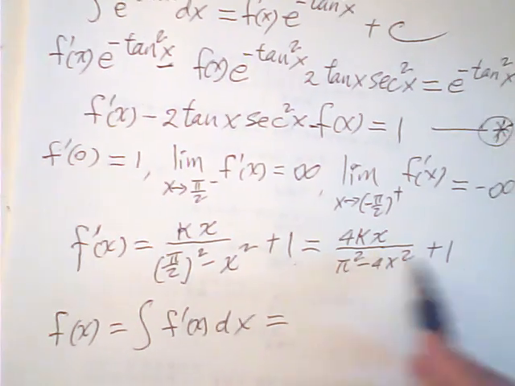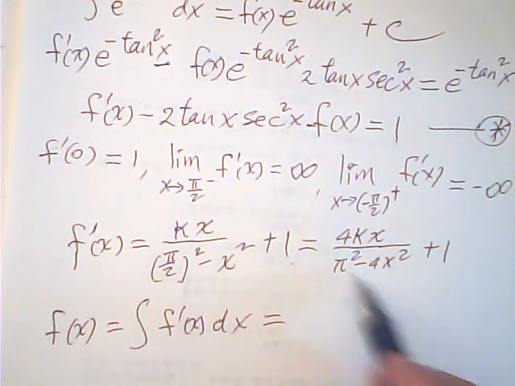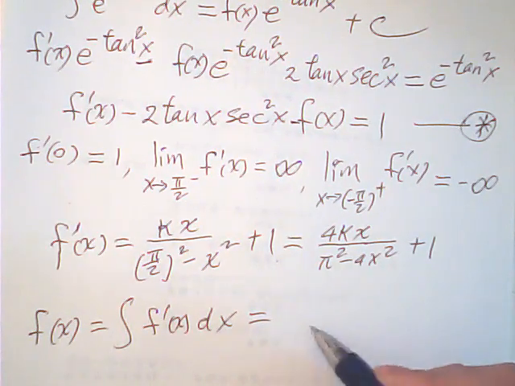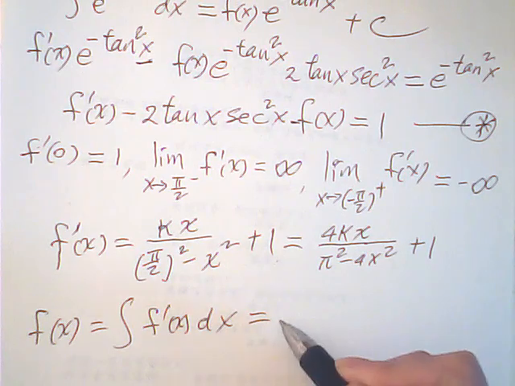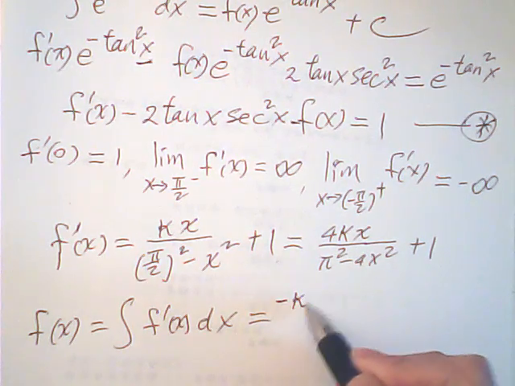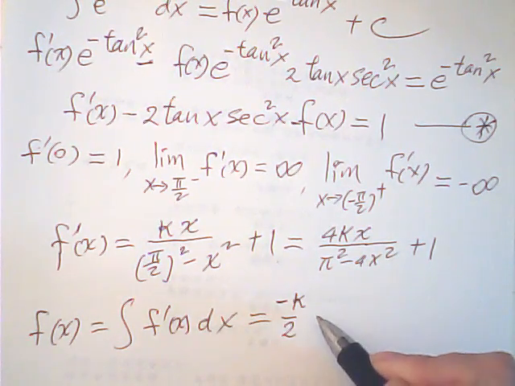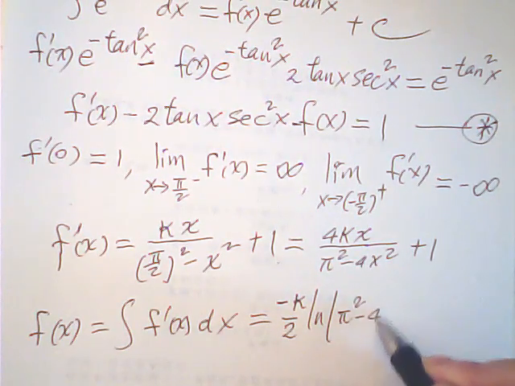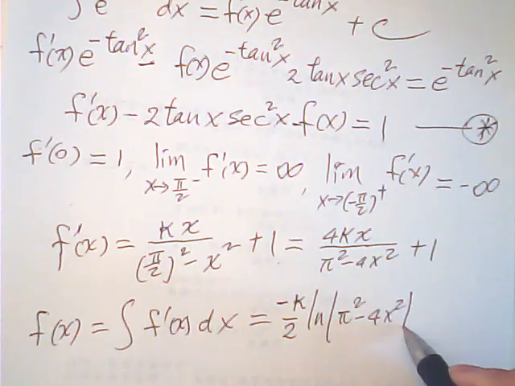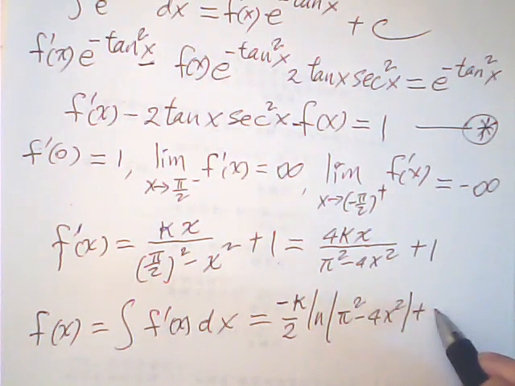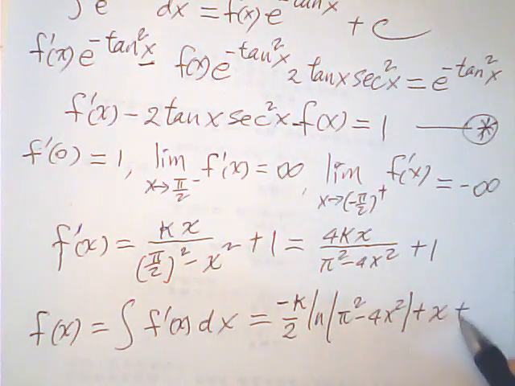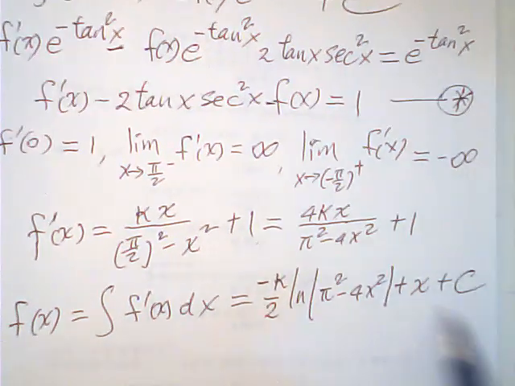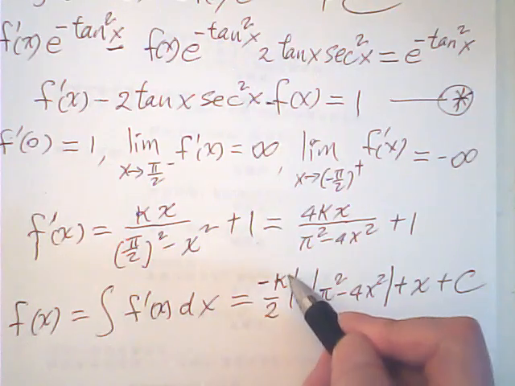So this integral is not difficult to do. I just save time and write the result. This is equal to negative k over 2 natural log of pi square minus 4x square, plus x plus c. Yeah, k and c are constants.